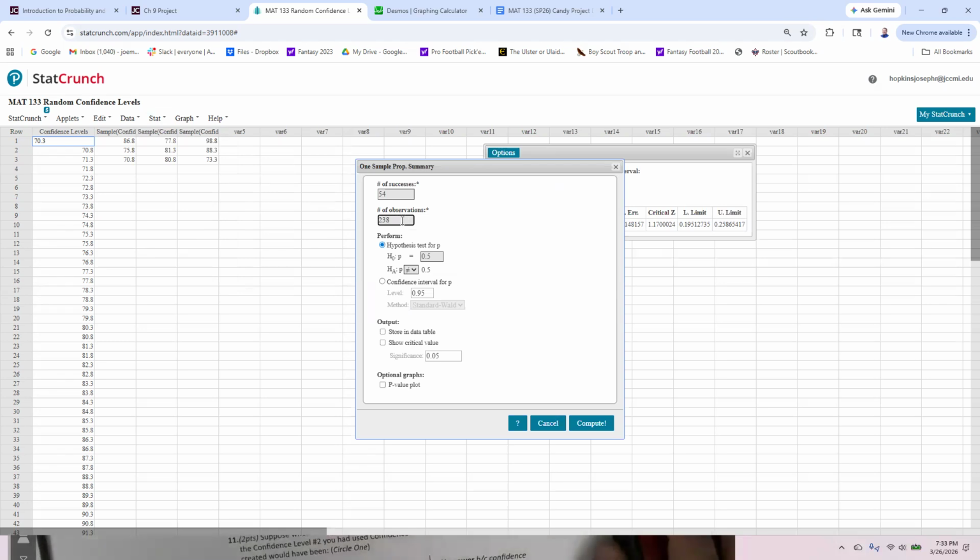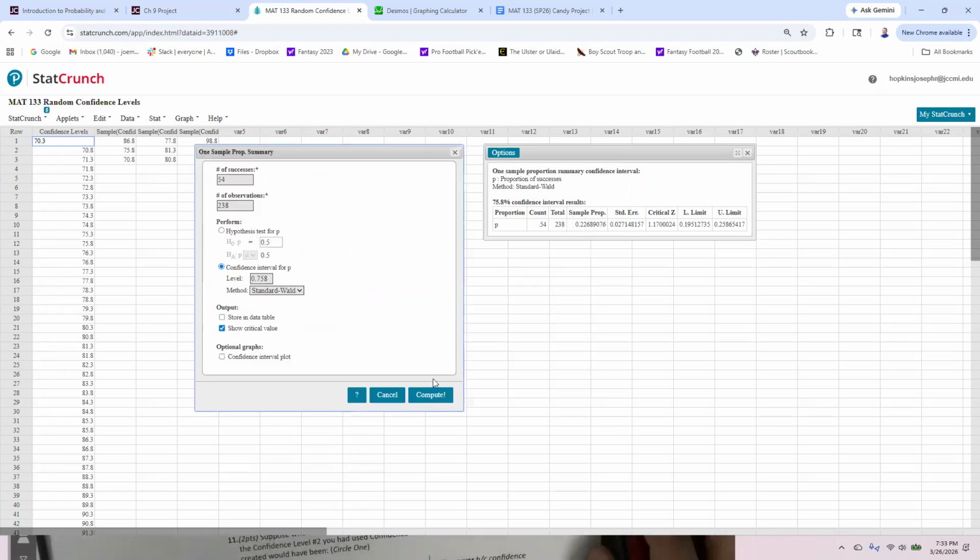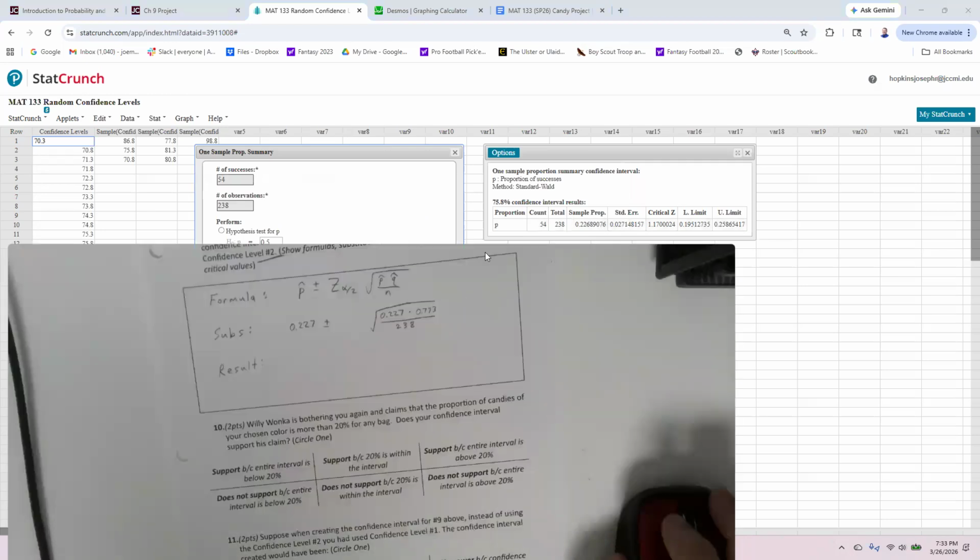That's my n, my sample size. Click the blue button for confidence intervals, put in your confidence level from number 2, and then click the button right here for critical values. Once you've done that, you hit compute, and we get this.